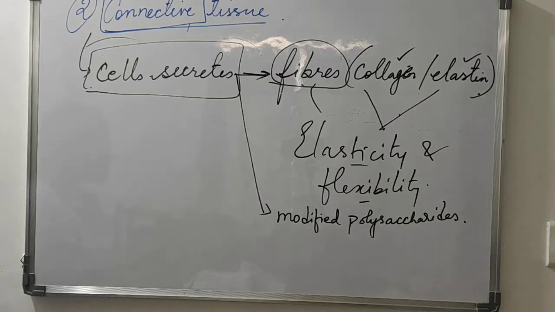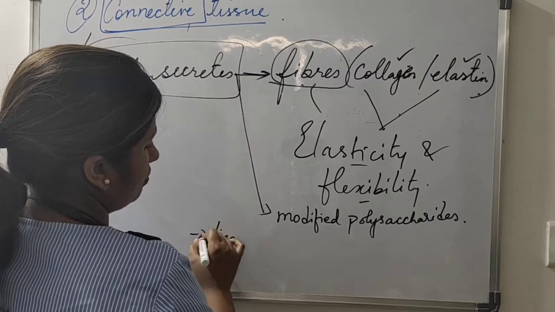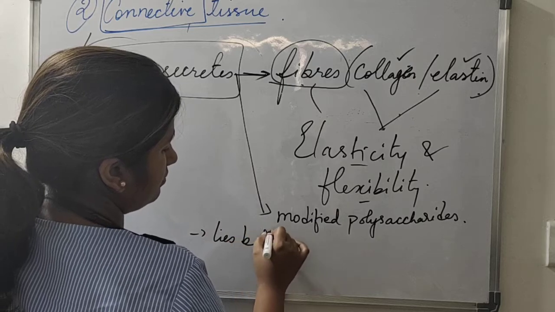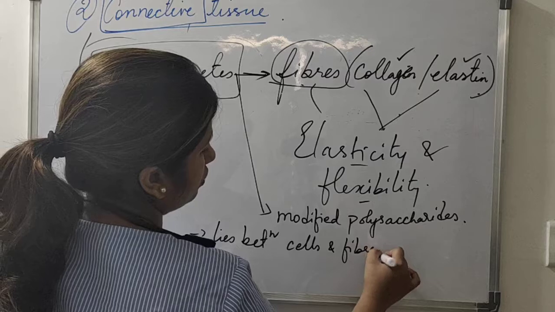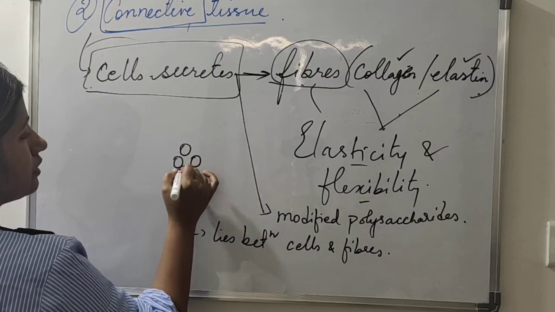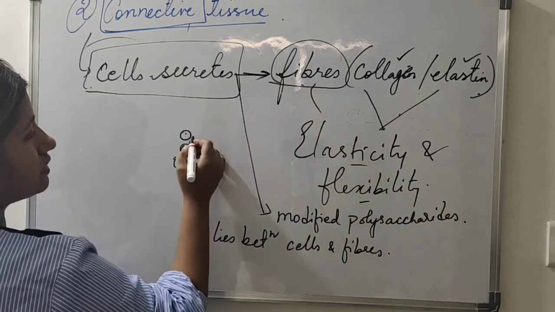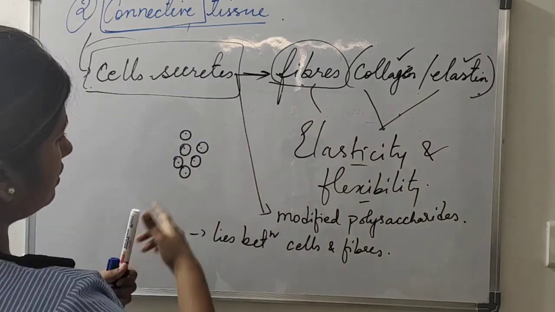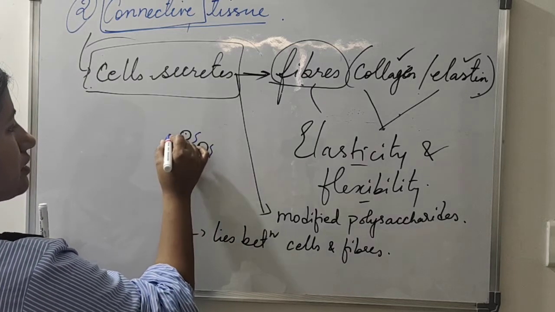Modified polysaccharides, which lie between cells and fibers. So we know that there are connective tissue cells, and these cells secrete fibers.